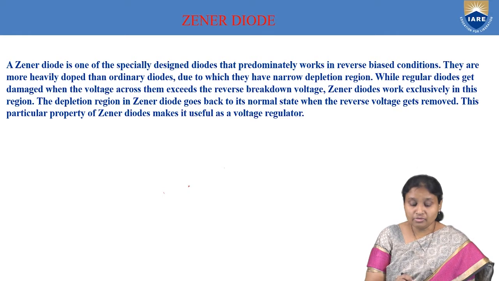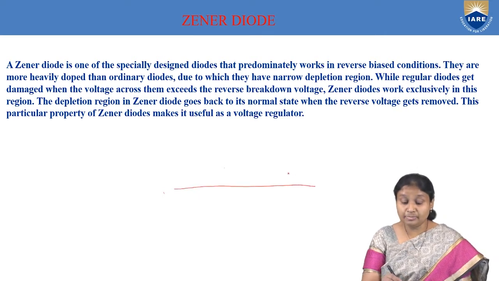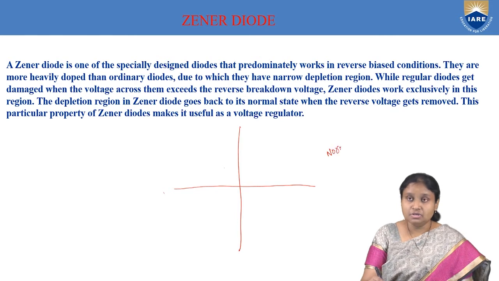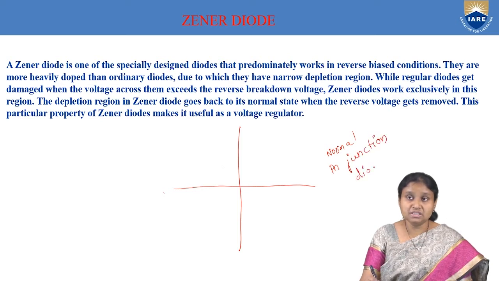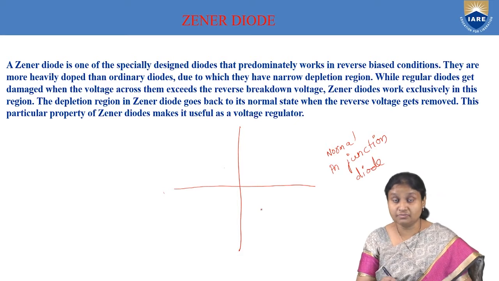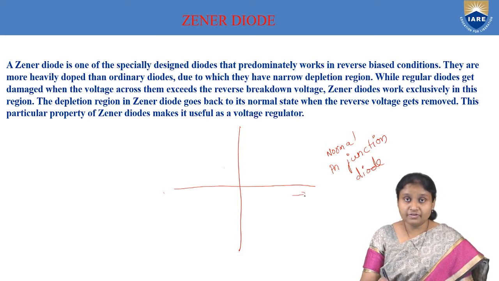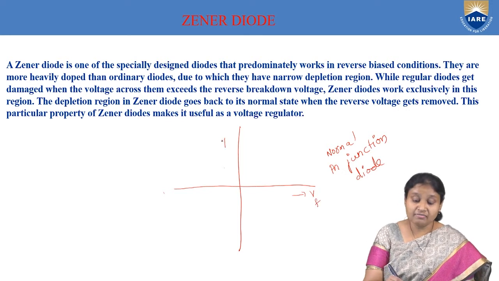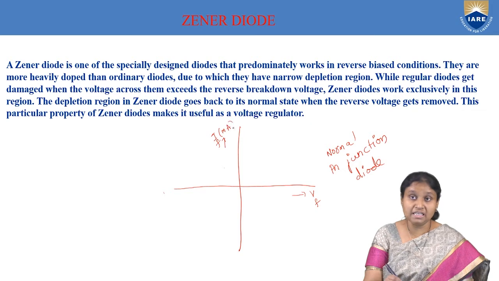When we talk about the VI characteristics of a normal PN junction diode, suppose I apply a forward voltage, then we have a forward current flowing across the junction, and that current comes in milliamps.